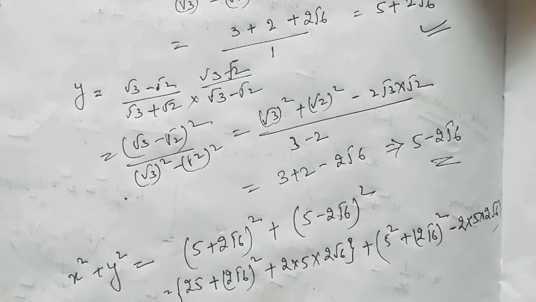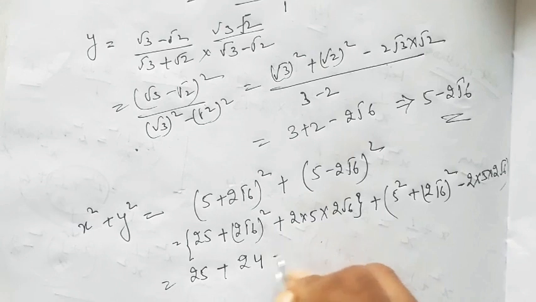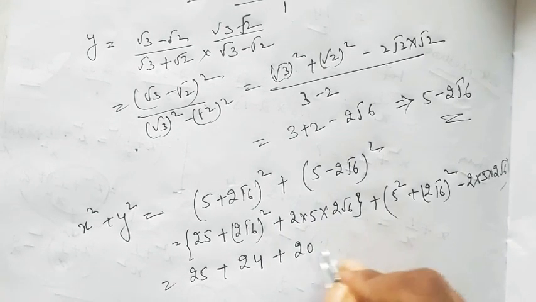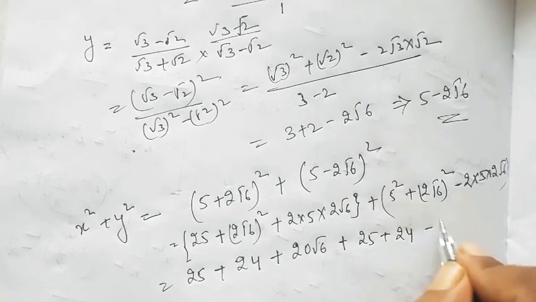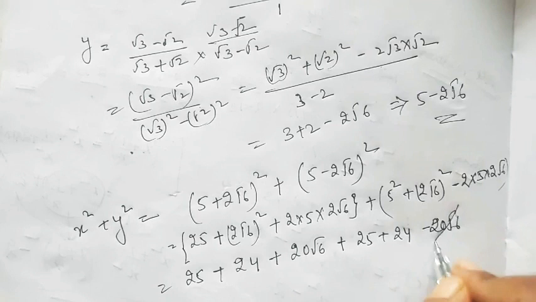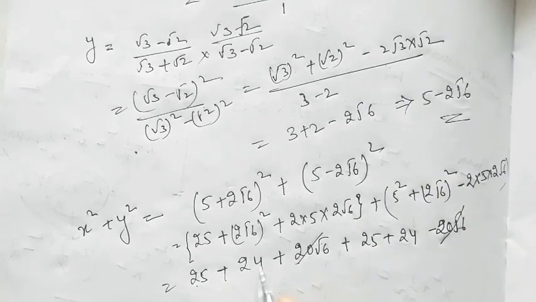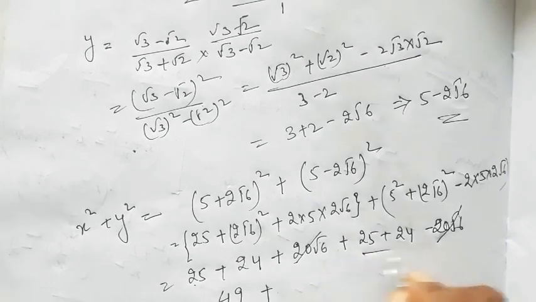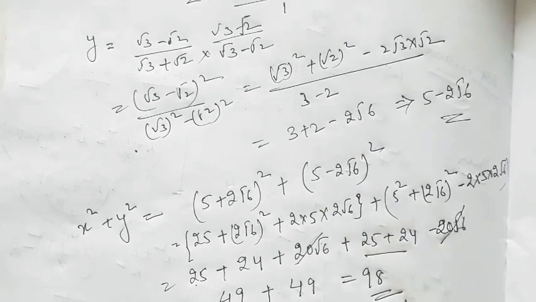So here we get 24 plus 20 root 6 plus 25 plus 24 minus 20 root 6. We can cancel out these terms. We are left with 25 plus 24, that is 49, and here also 49, and we got 98, which is the answer.